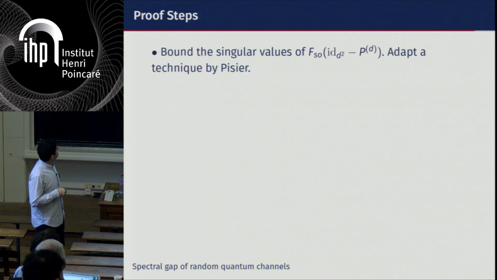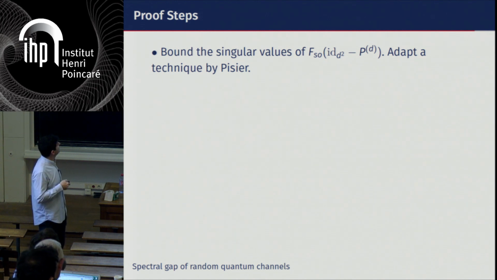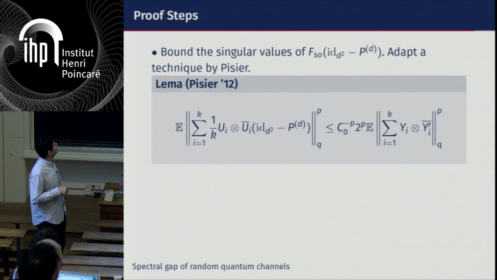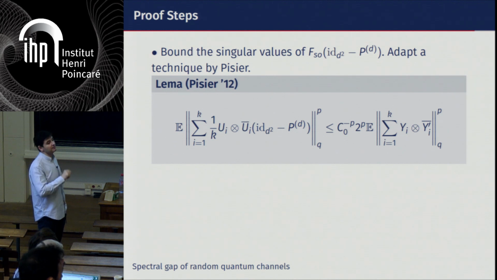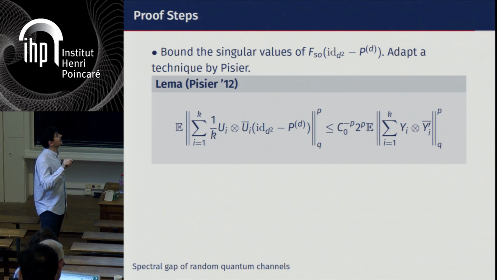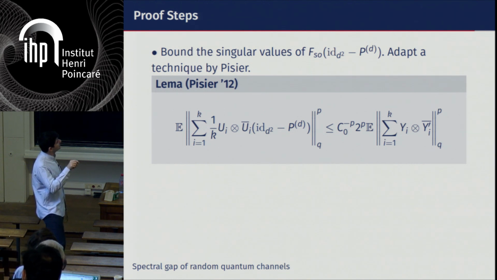So Pisier gave another proof of the result by Hastings for unitary channels that essentially goes in the next direction. He gave a norm inequality relating these guys for the case where the Kraus operators are unitaries and independent, in terms of a norm of Gaussian matrices. There are many steps in between: first it is related to the Gaussian matrices, then you decouple the Gaussian matrices, and afterwards you have to bound this quantity.